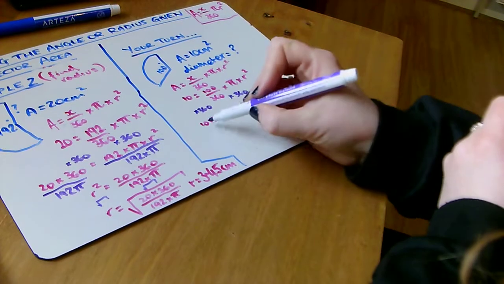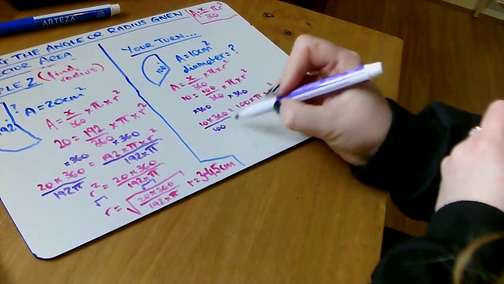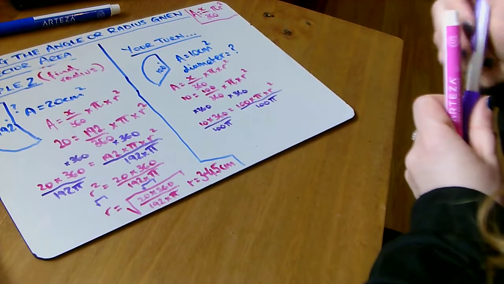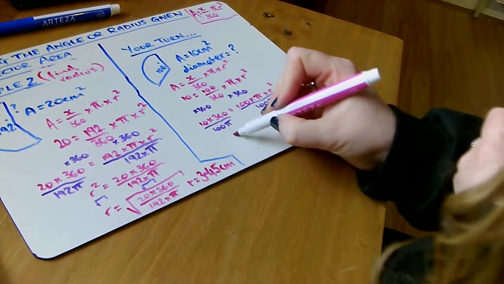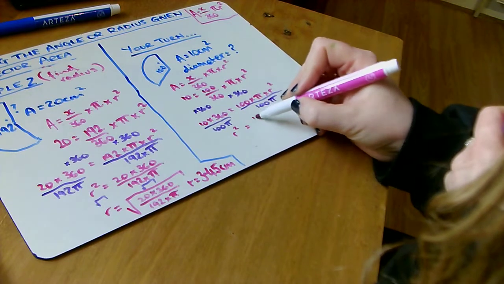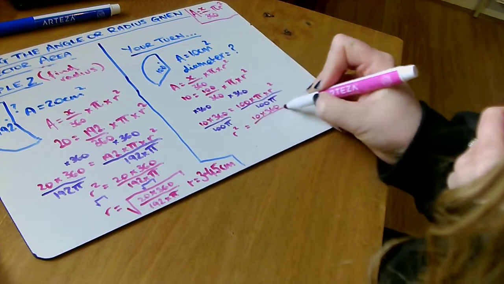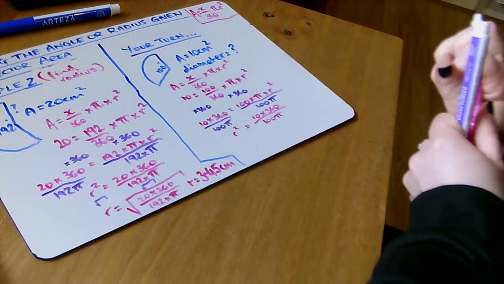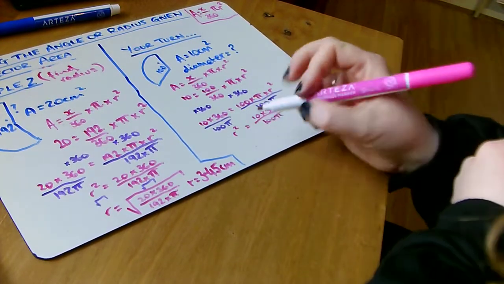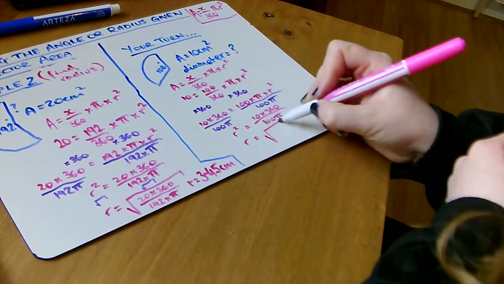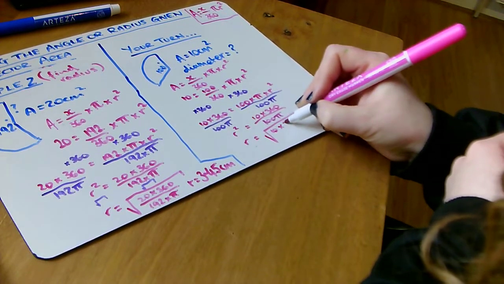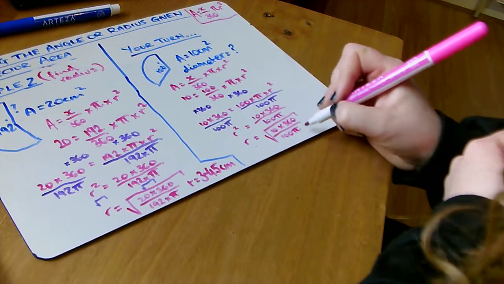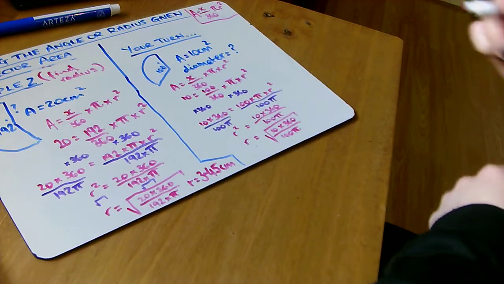Now I need the radius to be the subject of my formula, so I'm going to divide throughout by 100 pi. So the radius squared is 10 multiplied by 360 divided by 100 pi. And I know that the opposite of squaring something is square rooting it. So 10 times 360 over 100 pi and square rooting all of that.